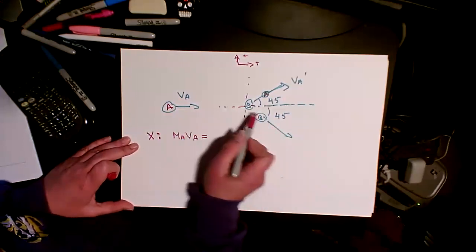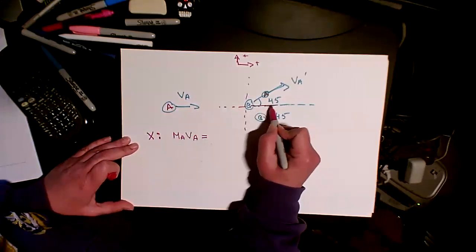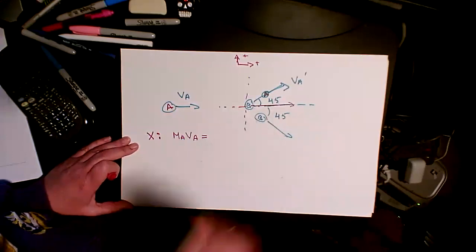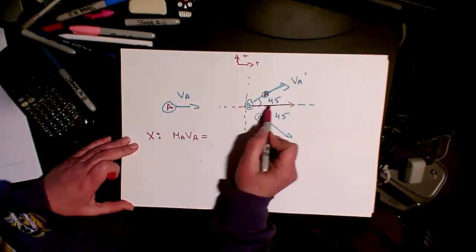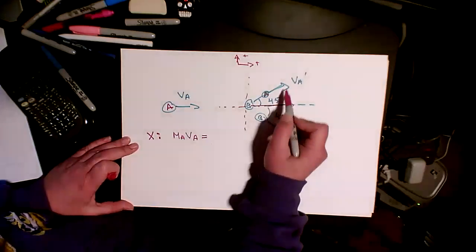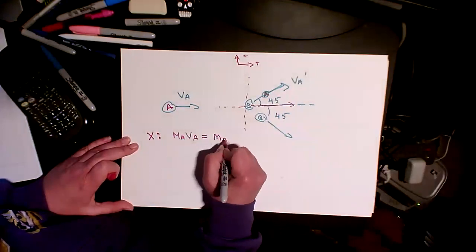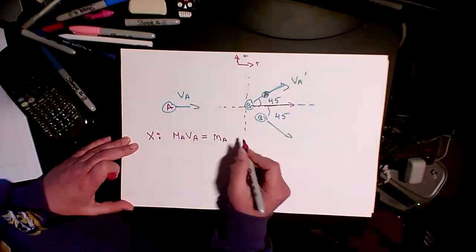Well, in the end, I have a velocity coming down like this. So I can think of this as my X component of both of those velocities. I have an X component going out for the B and an X component going out for the A. So that will be mass A, and they're both going in the positive direction.